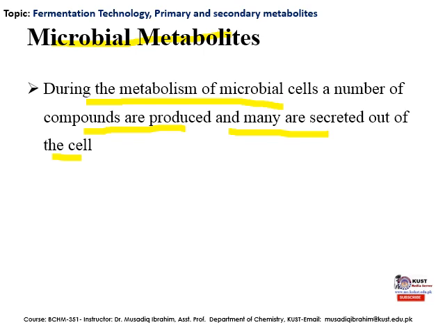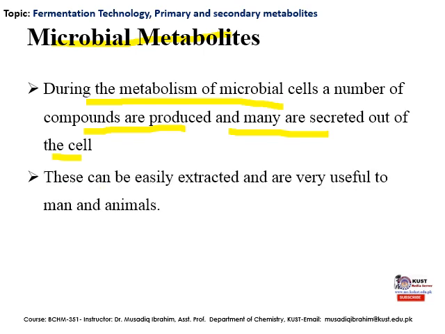So it means that many metabolites which are secreted by the microbes are beneficial for human beings. Now these metabolites or compounds can be easily extracted and are very useful for many animals from the point of view of treating infectious diseases.